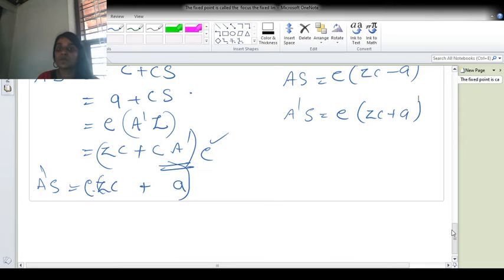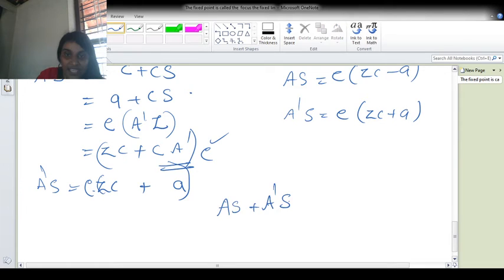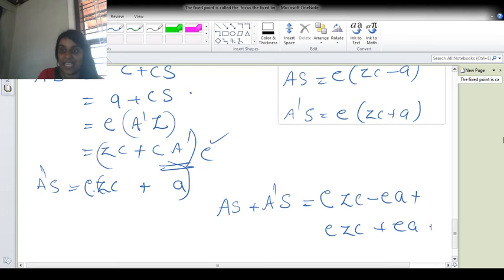AS plus A dash S equal to e ZC minus ea plus e ZC plus ea.